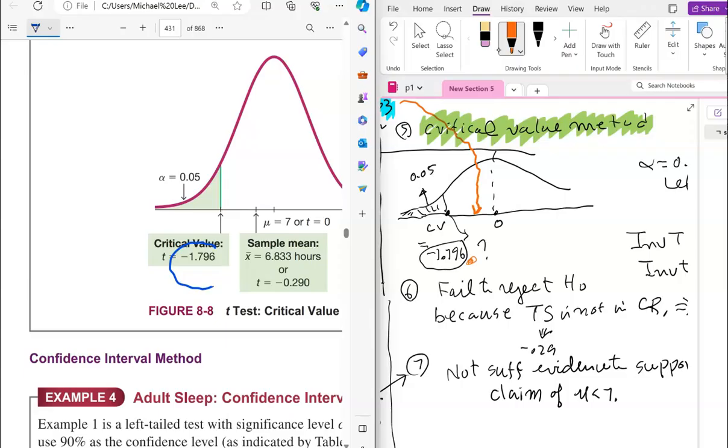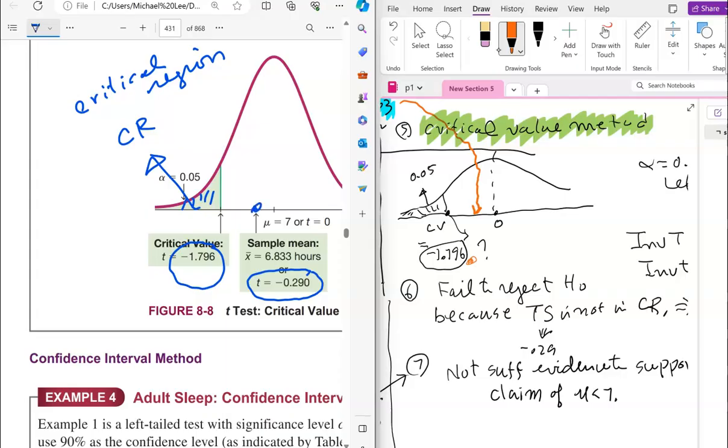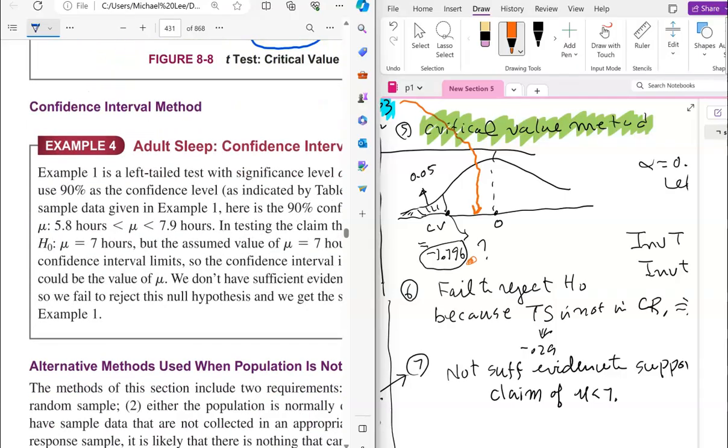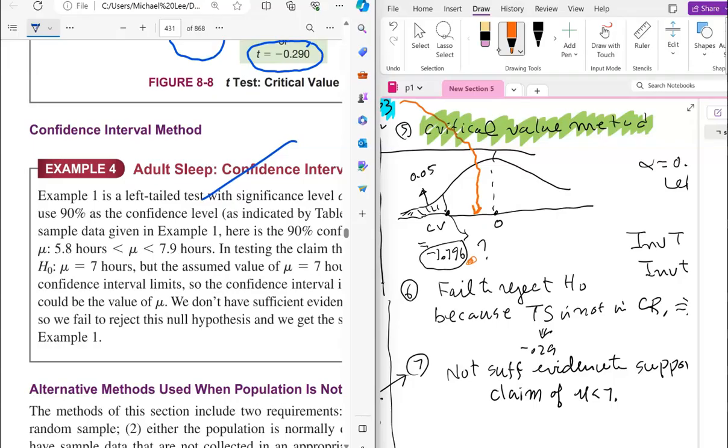And then our test statistic was negative 0.29. This area is the critical region. Our test statistic is not in the critical region because it is over here, right? So you can see that's how they did it. Now we're not going to do the confidence interval method.